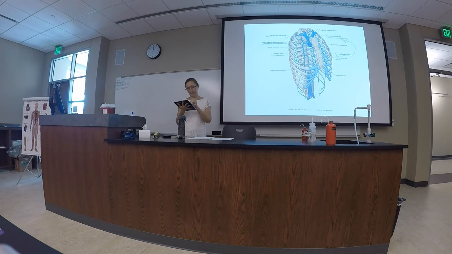The left superior intercostal vein empties into the left brachiocephalic vein. So there's some differences between left and right sides there to make note of. All right. Questions about that?